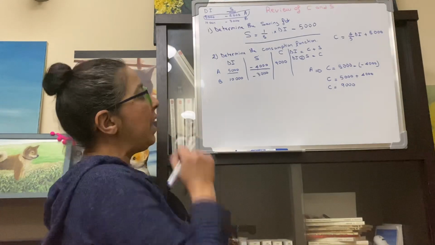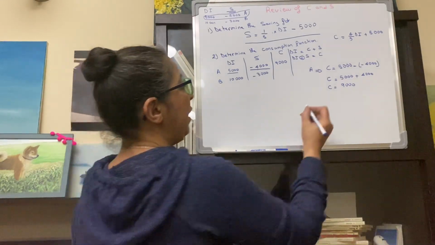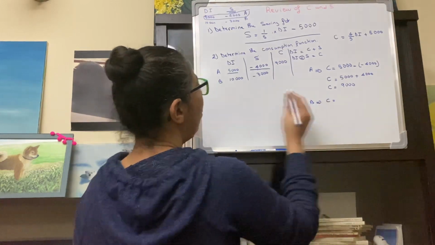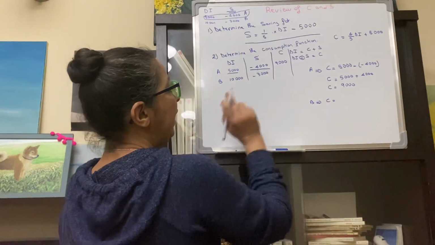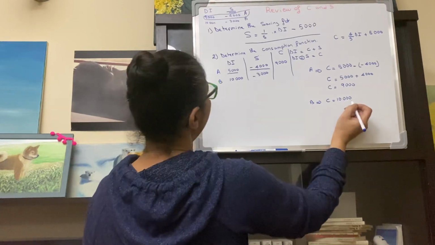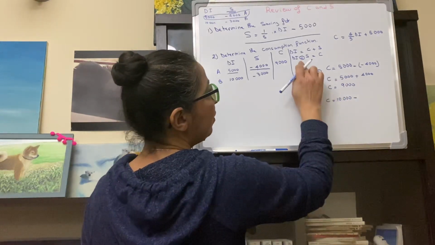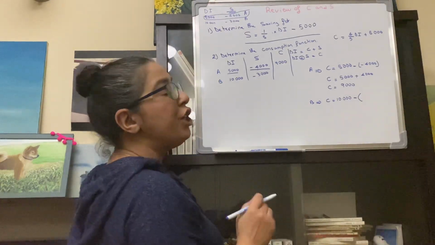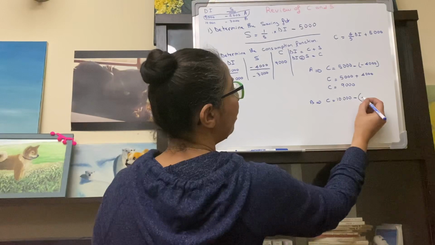I'm going to do the same for point B. So point B, C is equal to 10,000 minus what I have in my saving, which is minus 3,000.